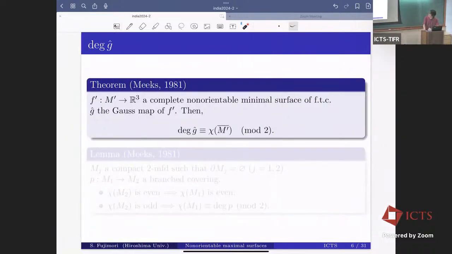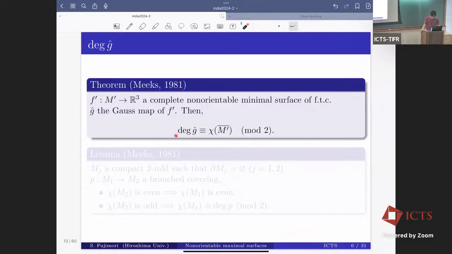Now, for this degree of G hat, we have a property which was proved by Meeks about 40 years ago. Let F prime be a complete non-orientable minimal surface of finite total curvature, and G hat the Gauss map of F prime.